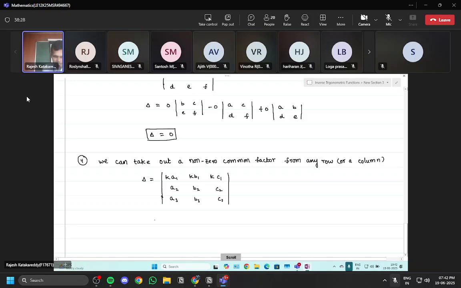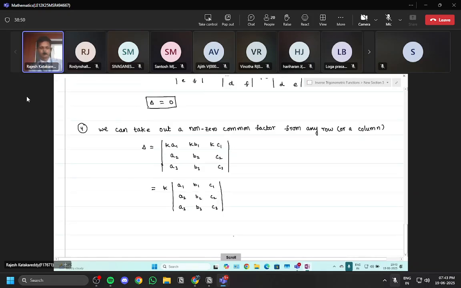I can say this is K into determinant of A1, B1, C1, A2, B2, C2 and A3, B3, C3. This is property number 4 for determinants.